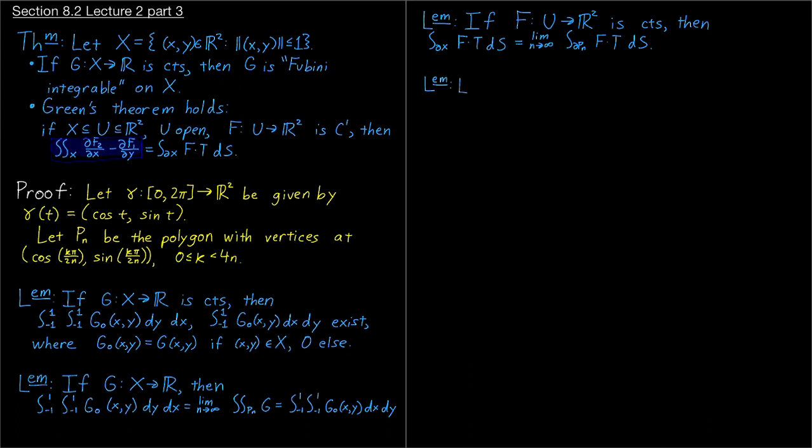So here's how this works. Let's let tk, or maybe sometimes we'll want to call it tkn, be that k pi over 2n, and let's define gamma n going from 0 to 2 pi to R2 by gamma n of s is equal to this quantity.